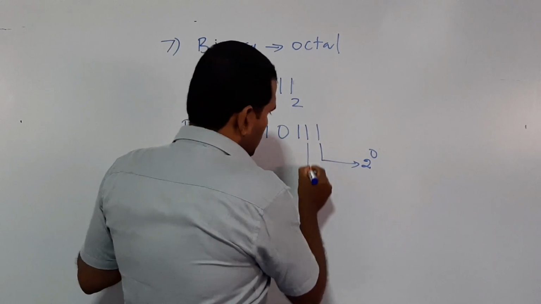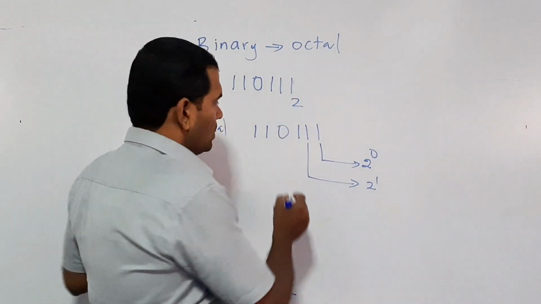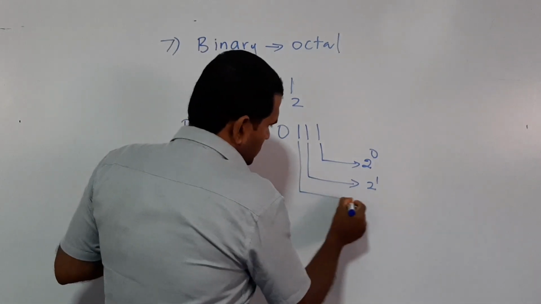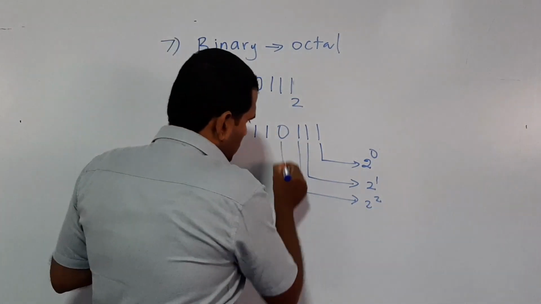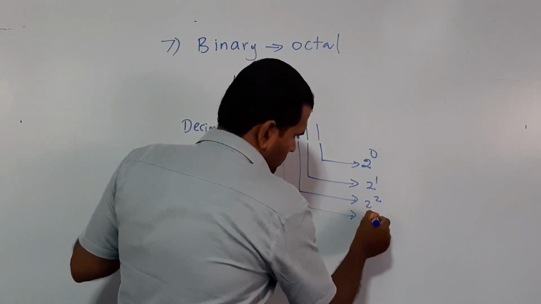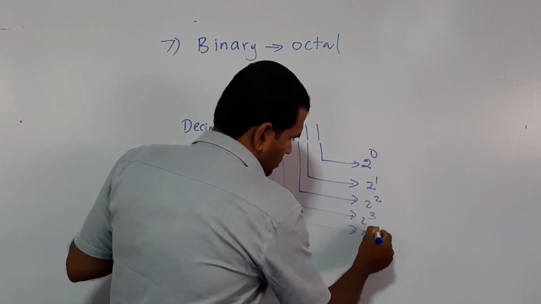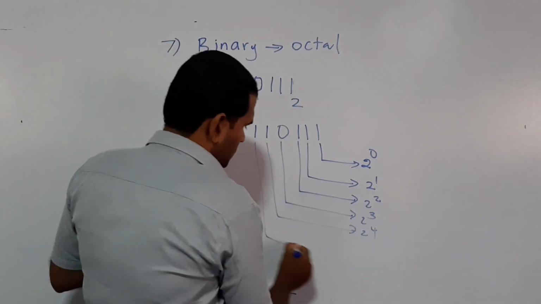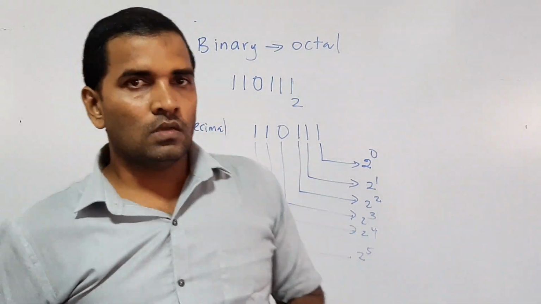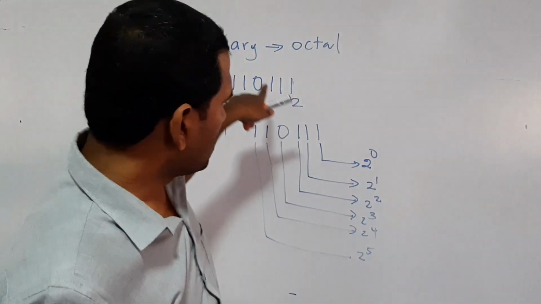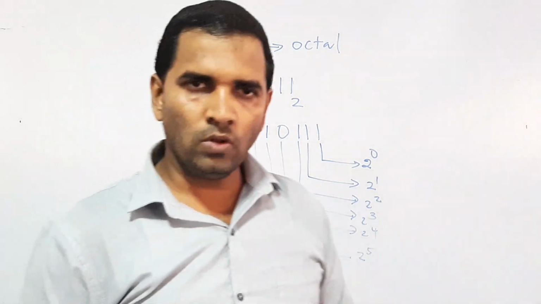The second digit is in 2 to the power 1 position. Then the third digit is in 2 to the power 2 position. Then it will be 2 to the power 3, 2 to the power 4, and 2 to the power 5. So I have written the positions of all the digits.